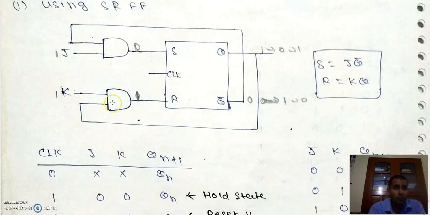So 1 and 1 we will get 1, and 0 and 1 we will get 0. So here we will get 0 1. So for SR, what did we get for 0 1? Reset. That means Q is equal to 0. So here we got 0.